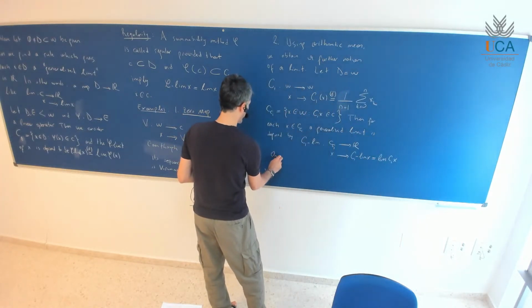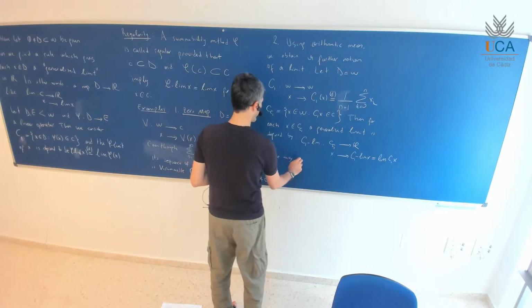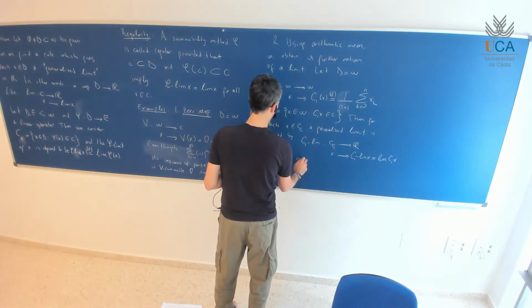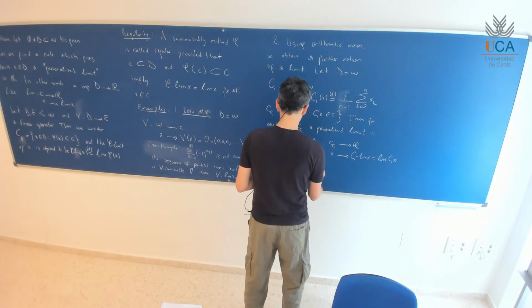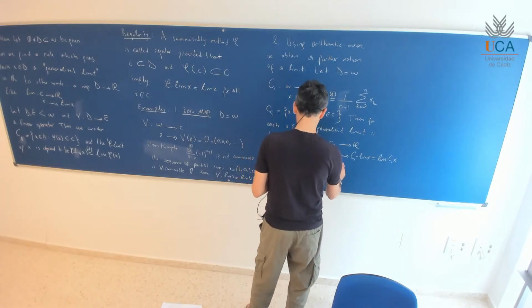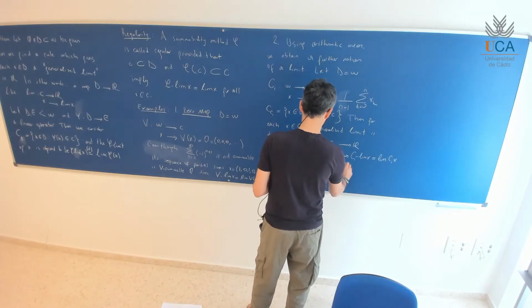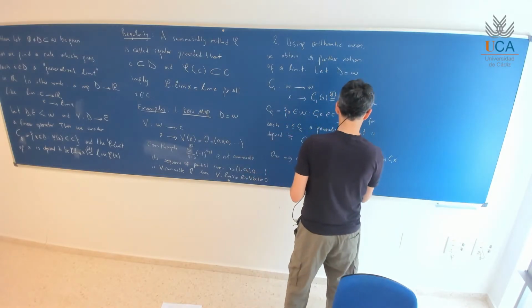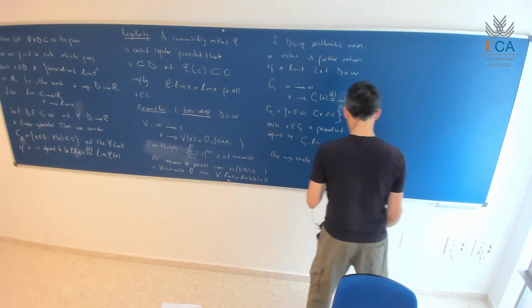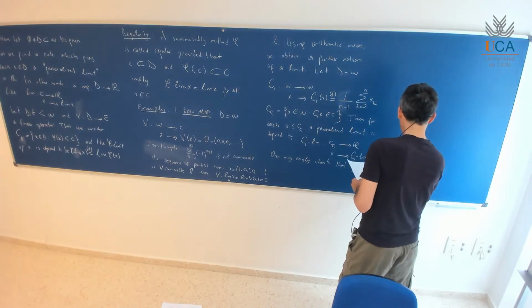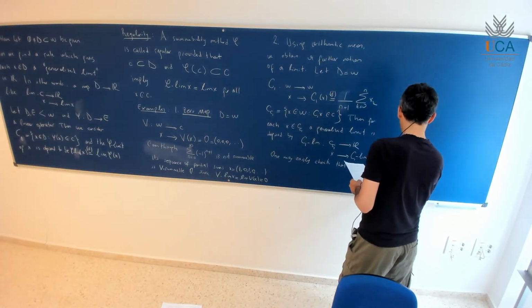So one may easily check that the sequence 1 0 1 0 1 0 is in C ∩ C1.